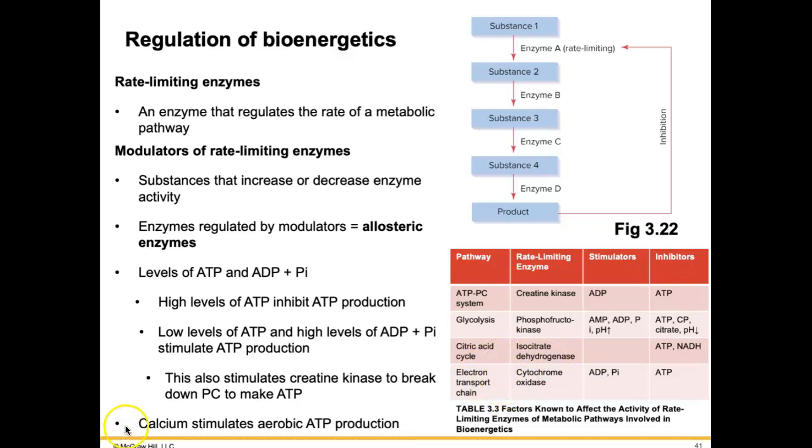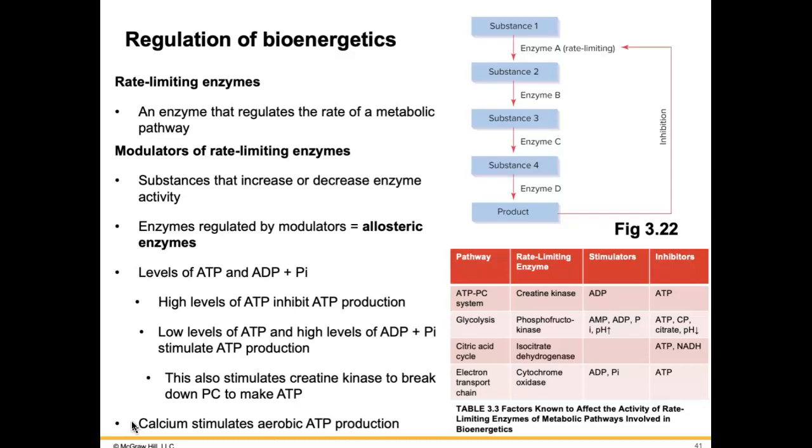The last thing I'll mention on this slide is that when our muscles contract, when we're exercising, we know that calcium is going to be released from the sarcoplasmic reticulum to get our contractile filaments to create their cross bridges, right?